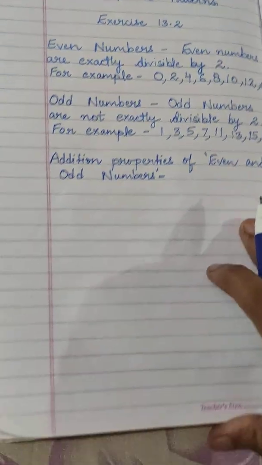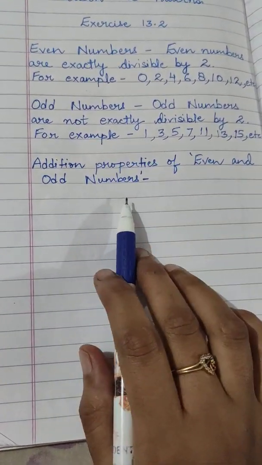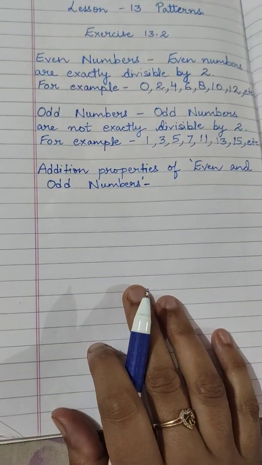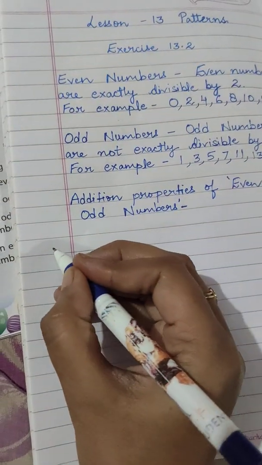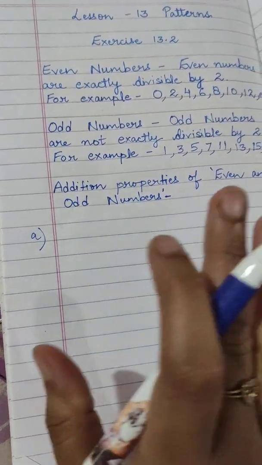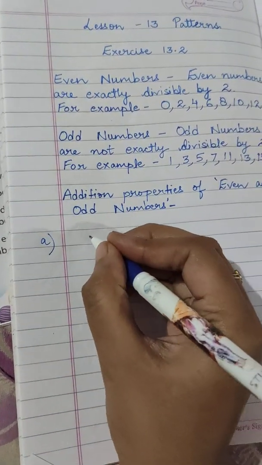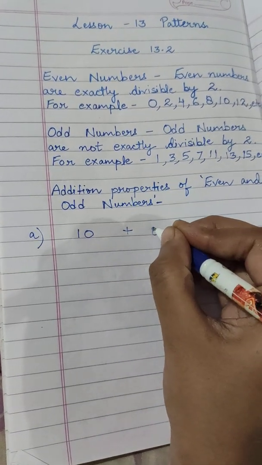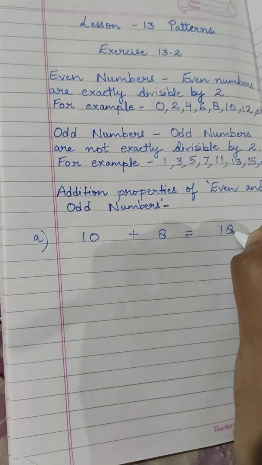Now children, there are a few addition properties of even and odd numbers. When we add even and odd numbers together, you should know these properties of them. The first one says, let's take an example first. Suppose we take two numbers, 10 plus 8 is equal to 18.